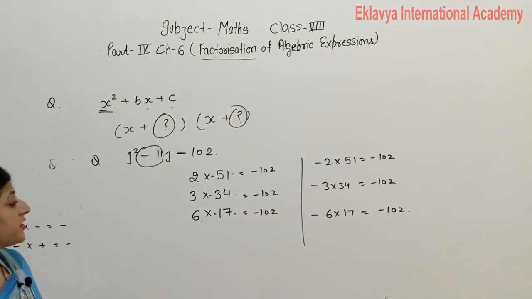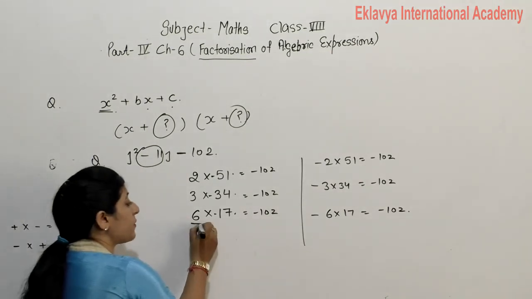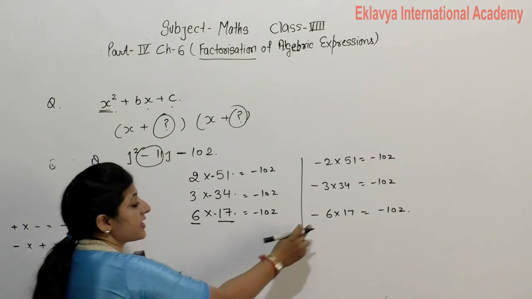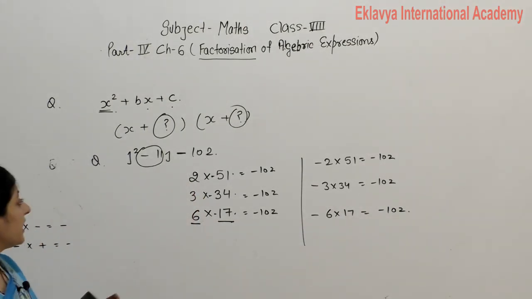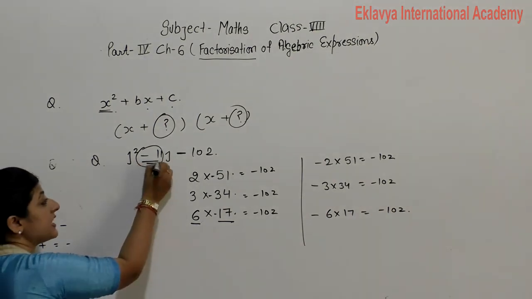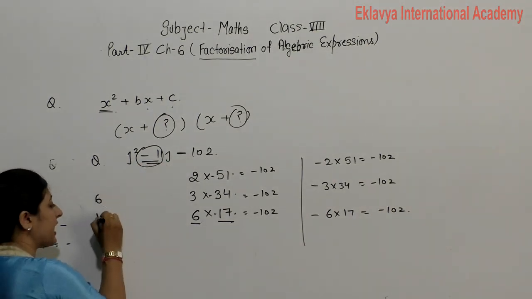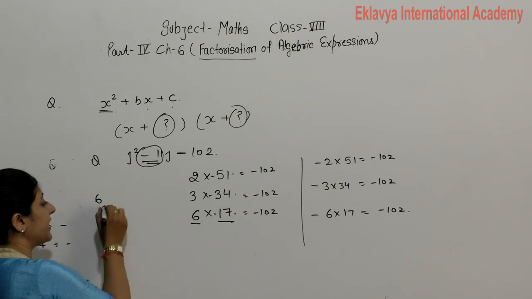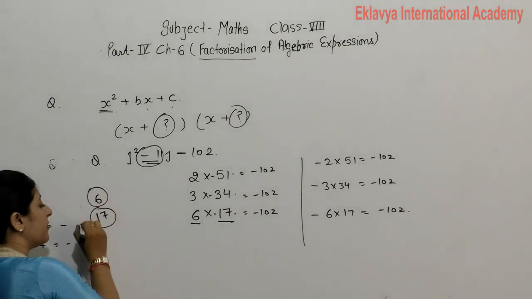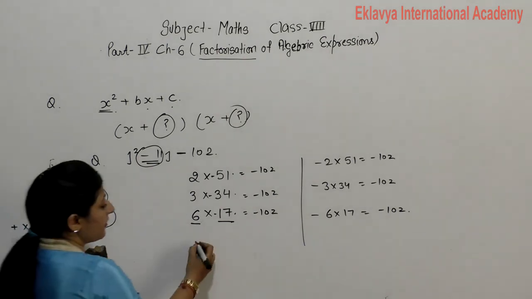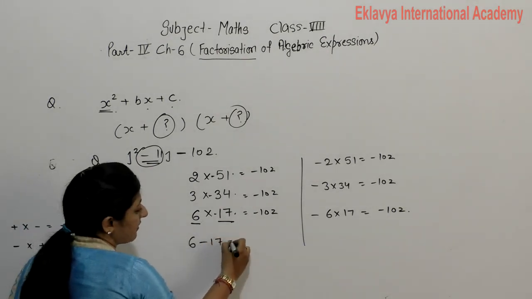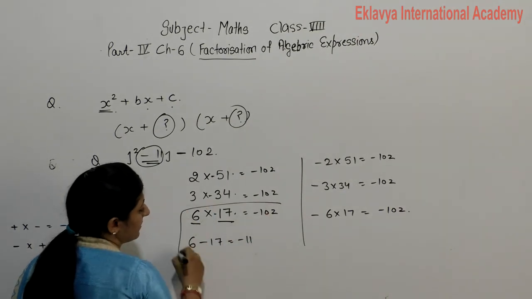Then now see which one we will take: 6 positive, 17 negative, or 6 negative, 17 positive. Decide it. We want the b value to be minus 11. It means one value we have 6, second value we have 17. Then the greater value should be negative, and we will get the answer negative. So we can write 6 minus 17 is equal to minus 11.